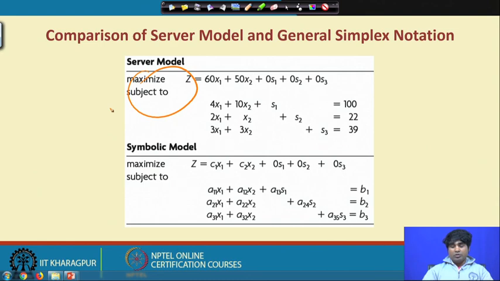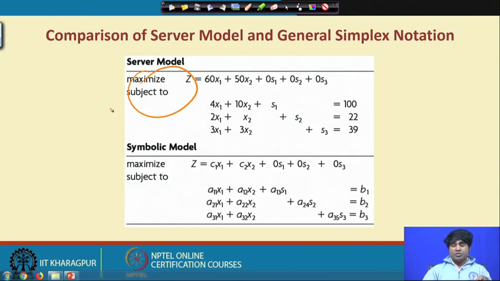This is done after introducing slack and surplus variables, which means there are two different structures we have to follow to convert inequality constraints into equality constraints.